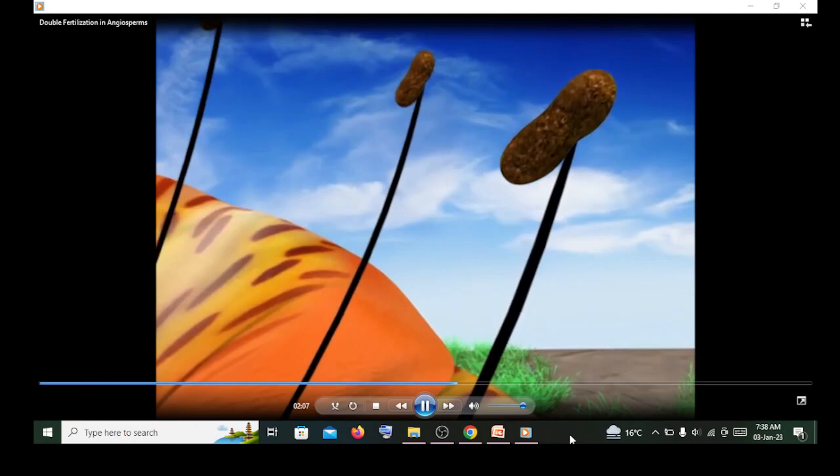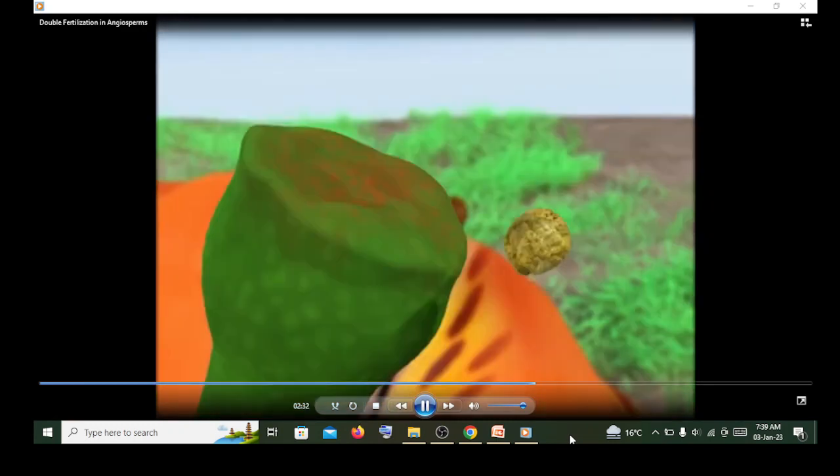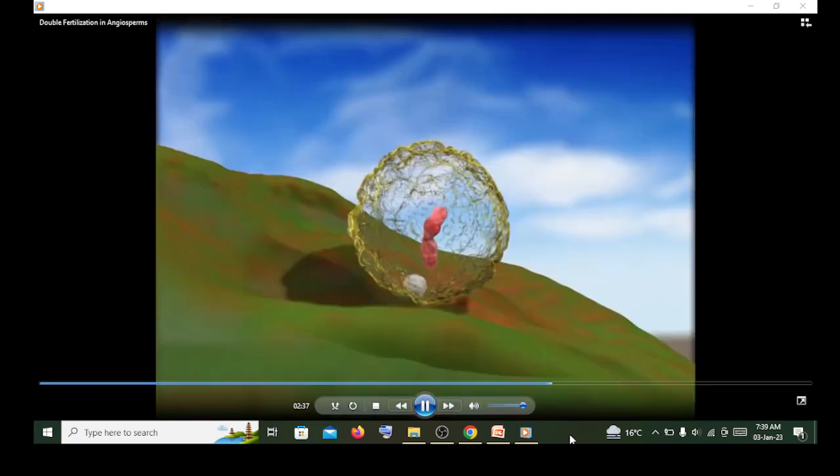To reach the embryo sac, a pollen grain must land on the stigma. Once landed, it begins to germinate. The tube cell forms a long structure down the style and into the ovary. The generative cell travels behind the tube cell nucleus.